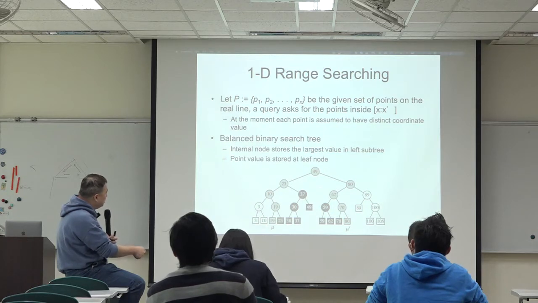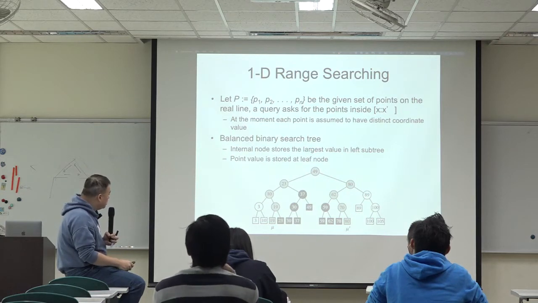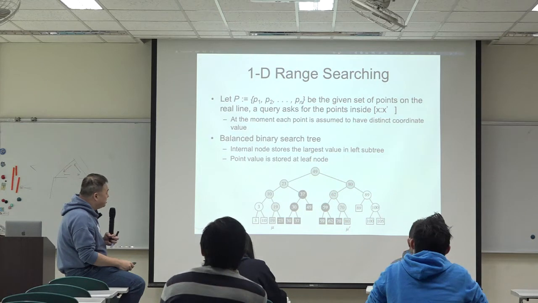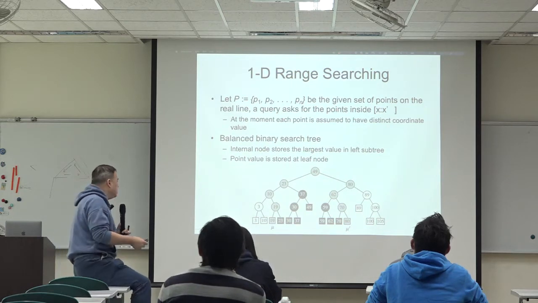For this one, the largest value in the left subtree is 49, so we put 49 here. These two things can be enforced very easily when you construct this balanced binary search tree. I will leave the details for you.